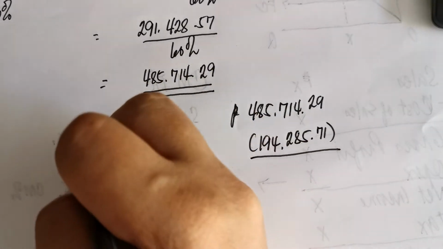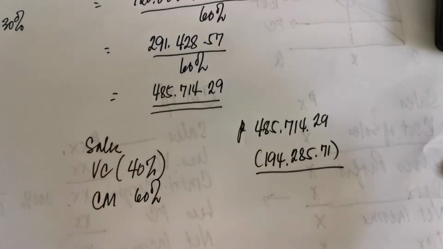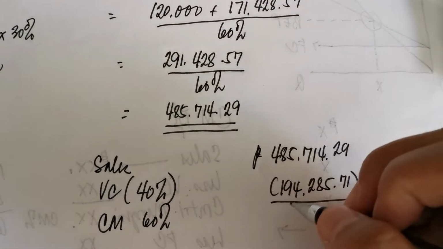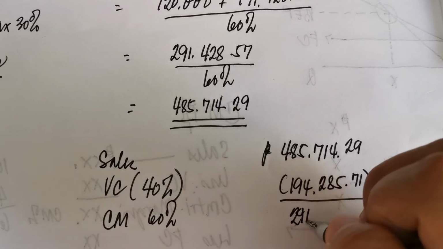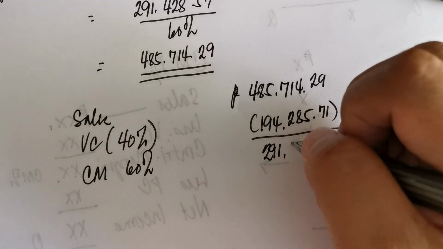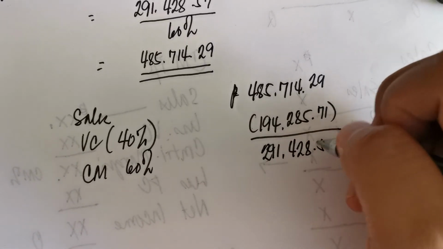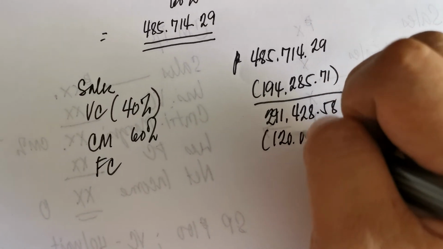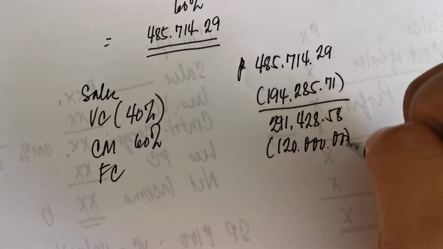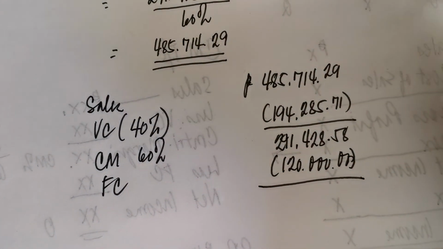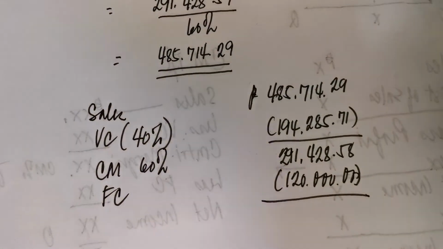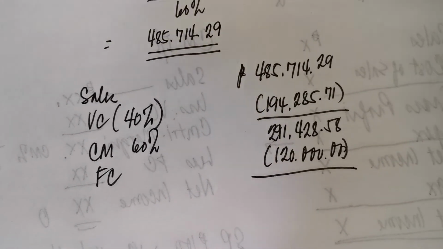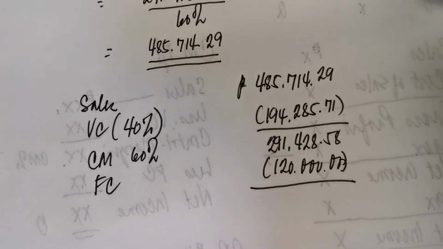So the contribution margin, which is 60%, is 485,714.29 less 194,285.71, that's 291,428.58. Less the fixed cost of 120,000.